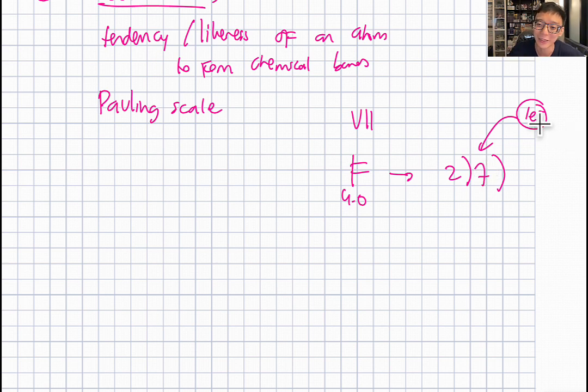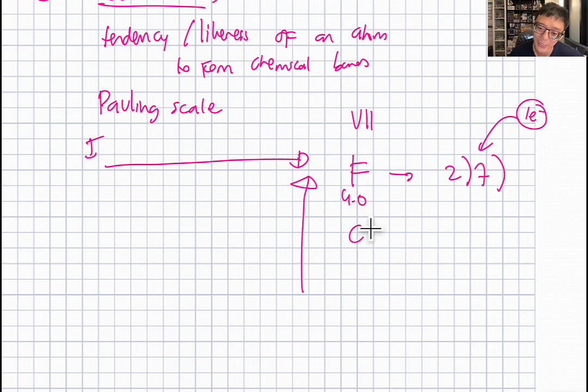So typically going from left to right, from group 1 to group 17, you will have an increase of electronegativity. While going up, you will also have an increase in electronegativity. Here, with F, you can also relate it to atomic radius.